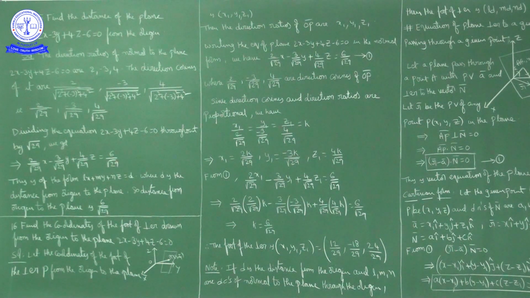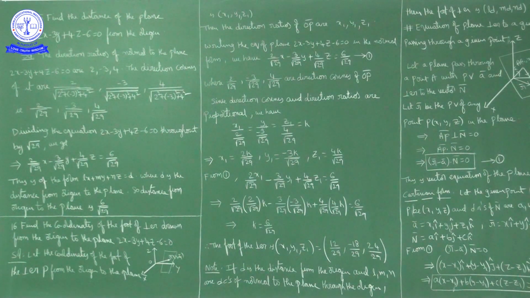We have to find the coordinates of P. Let the coordinates of foot of perpendicular P from origin to the plane be x1, y1, z1. Now we have to find x1, y1, z1.